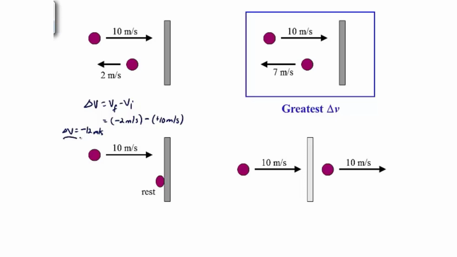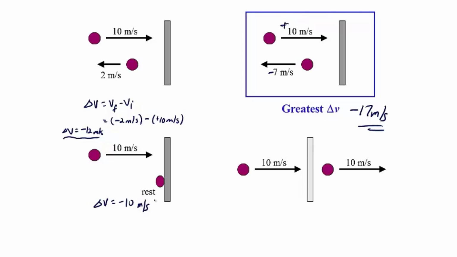So for this one, we've got positive 10, get it right this time, and negative 7. So that change in velocity would be negative 17 meters per second for delta v. Whereas for C, the change in velocity would be 10 meters per second to rest. So that would be a change in velocity of negative 10 meters per second.